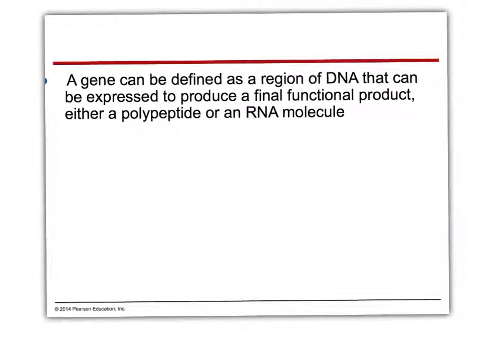Those all have functionality, but they are not proteins. They are genes coded within the DNA as well. So you end up with this definition, which covers both polypeptides and RNA molecules, and also encompasses the products of alternative splicing.